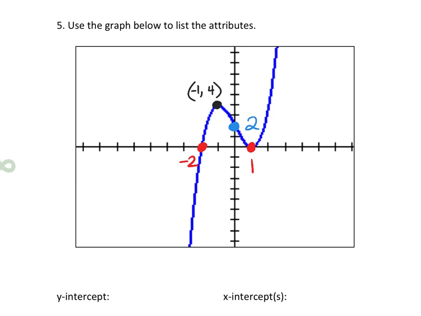Does it also have a minimum? Yes. Where is that minimum? 1, 0. So that coordinate point plays double duty again as both a minimum and a 0.